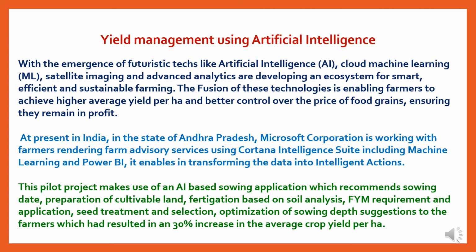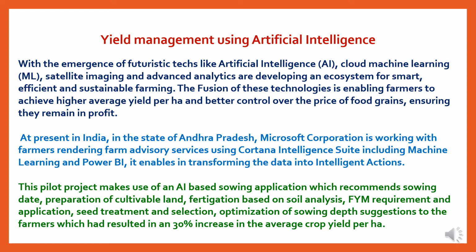At present in India, in the state of Andhra Pradesh, Microsoft Corporation is working with farmers, rendering farm advisory services using the Cortana Intelligence Suite, including machine learning and Power BI, which enables transforming data into intelligent actions.